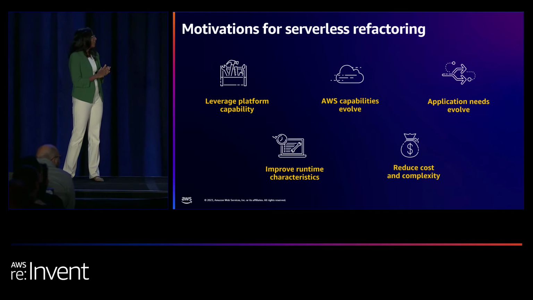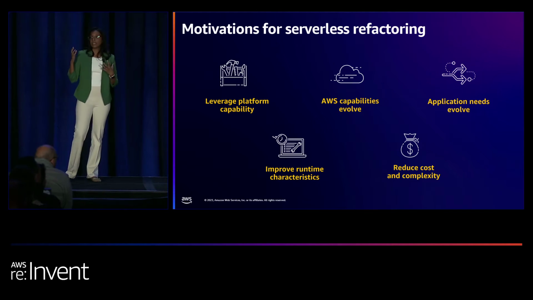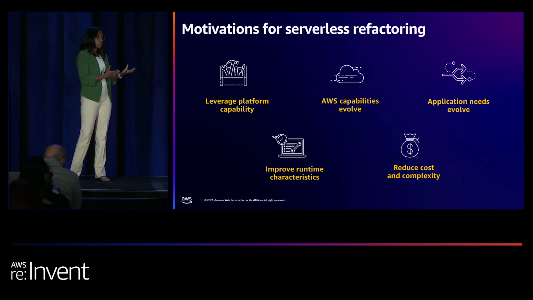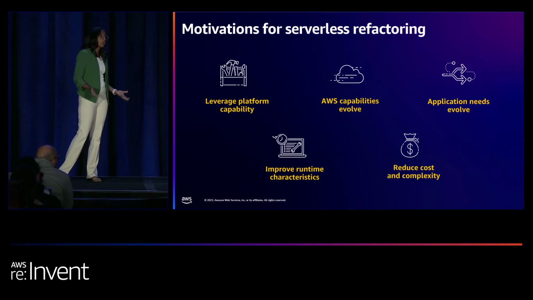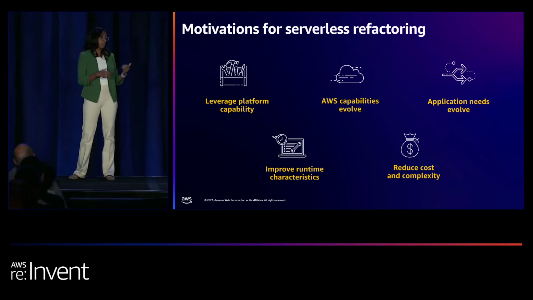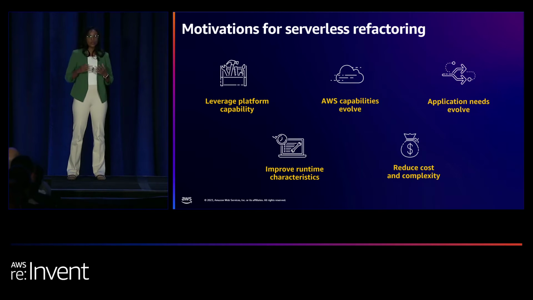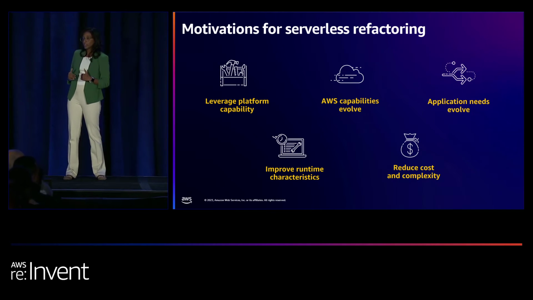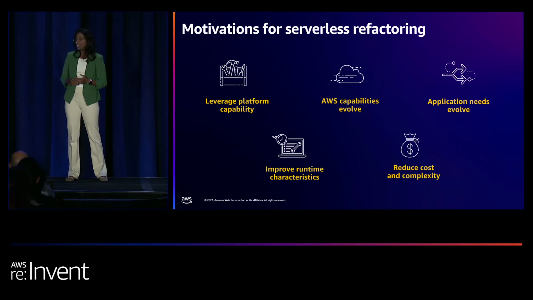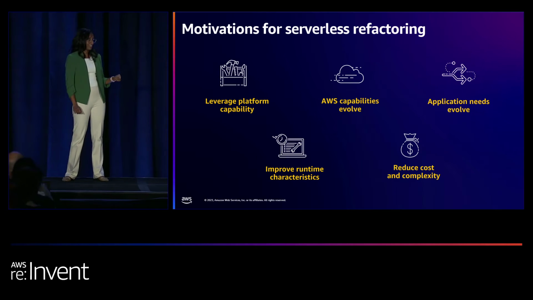The second one, AWS is constantly evolving and adding features. So by refactoring to use serverless out-of-the-box features, something that you would have built on your own, you can also help reduce your maintenance code. Because you don't have to now worry about your runtime of your Lambda getting deprecated or having to patch things.